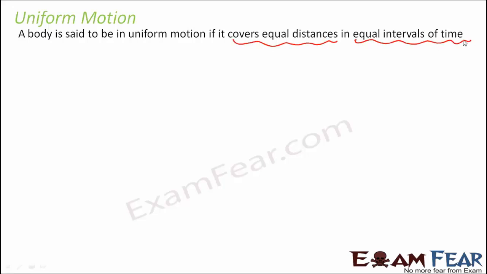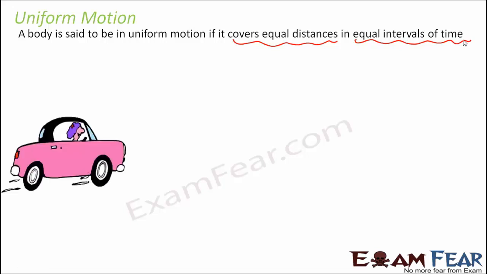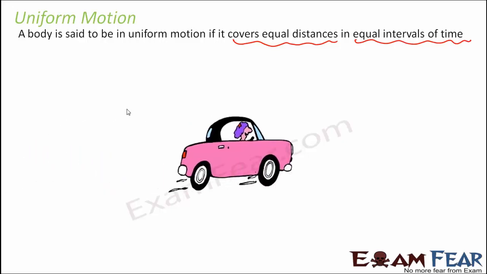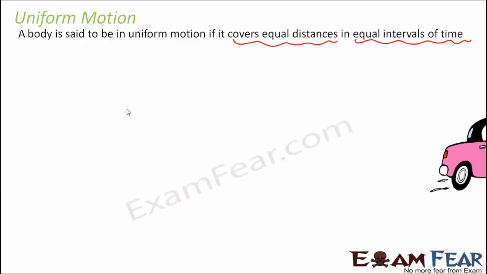What it means is, let's say this is a car, and this car is moving uniformly. If I say uniformly, that means for every interval of time it is covering the same distance. For example, it started from point A and it reached point B, right? So that's how the car moved here.